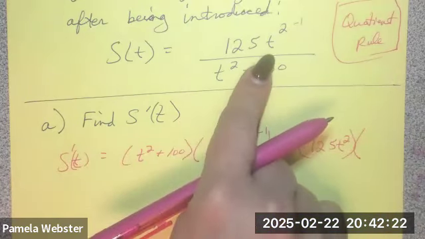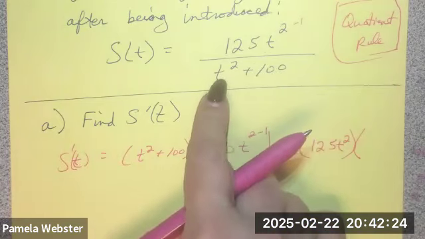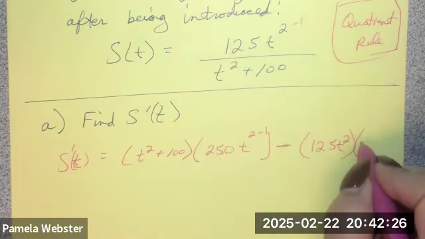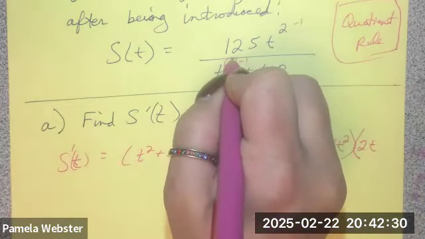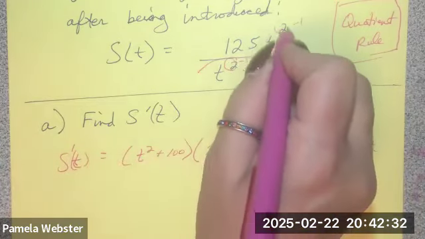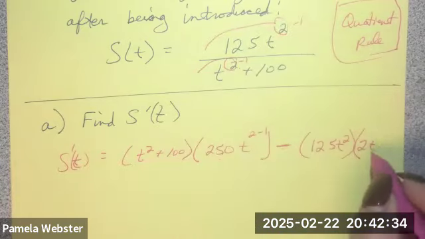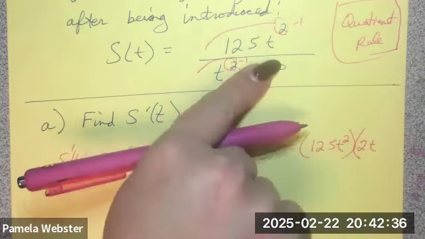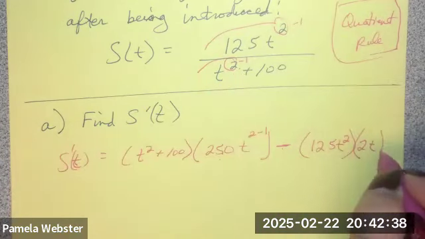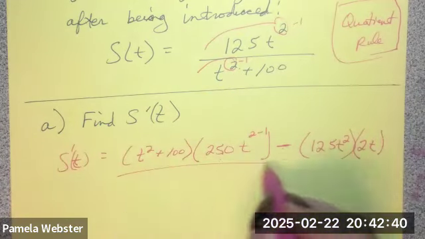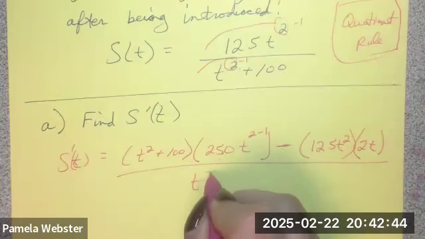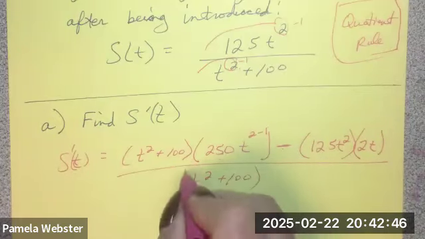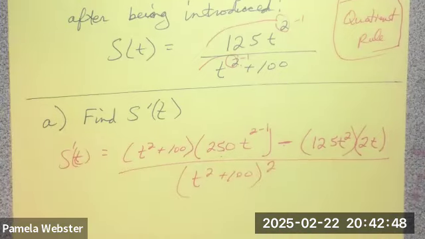The derivative of t squared is 2t, because you multiply the exponent out in front and subtract 1. And then the derivative of 100 is 0, because that guy's a constant. All over the bottom guy squared. T squared plus 100 squared.